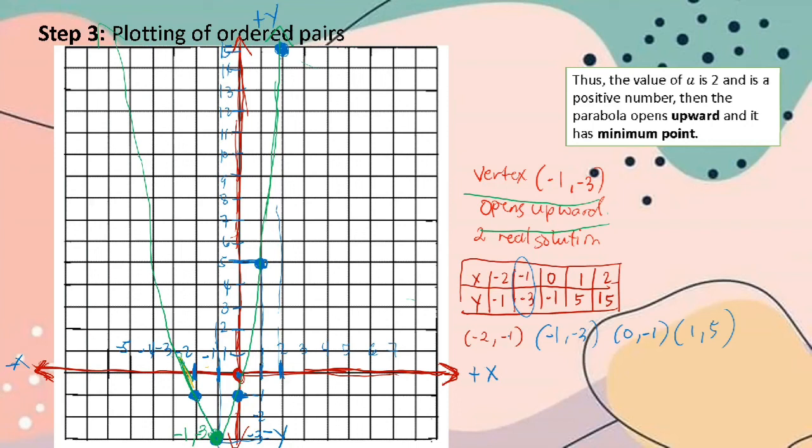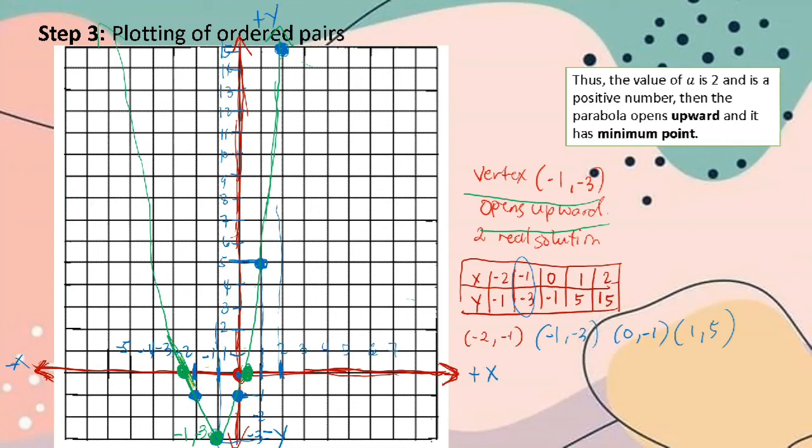So, kung makikita natin, this line, ayan, nag-cross siya sa x natin. Ibig sabihin, this one and also this one is the real solution that we have. Kasi nag-cross siya or nag-intersect siya sa value ng or sa ating x-axis.